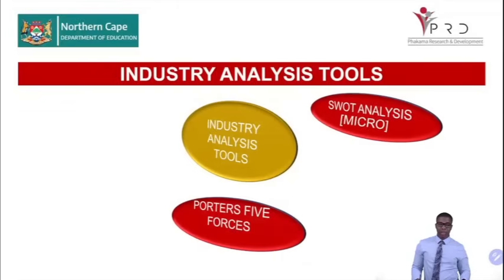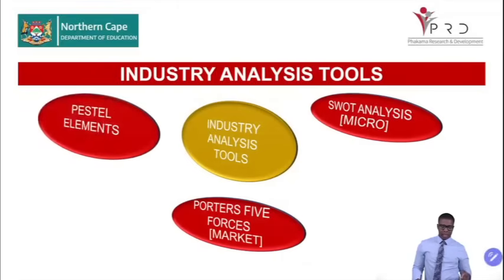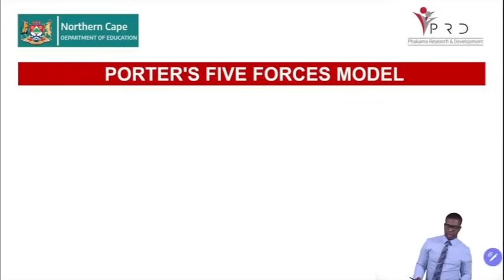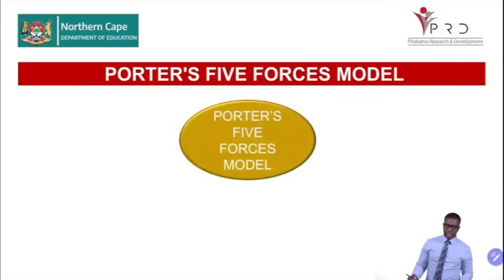You have Porter's 5 forces, which analyzes the market, and PESTLE elements or factors, which will analyze what? The macro. So when you look into the Porter's 5 forces, you might be required to identify them from the scenario. Then you have the PESTLE factors or elements, which you might also be required to identify from the scenario.